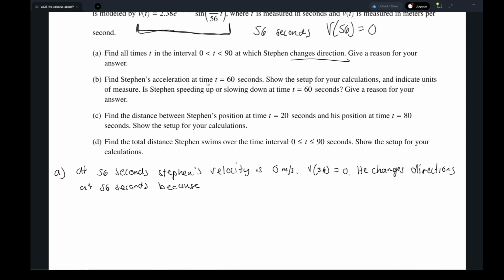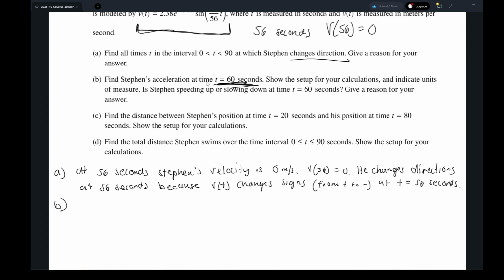We're going to do a sign table because v of t changes signs from positive to negative at t equals 56 seconds. That's all, right? So we just need to say that there's a sign change at 56 seconds, which means that he's going from right to left. That's all. So for part B, it's going to say find Steven's acceleration at time t equals 60, right?